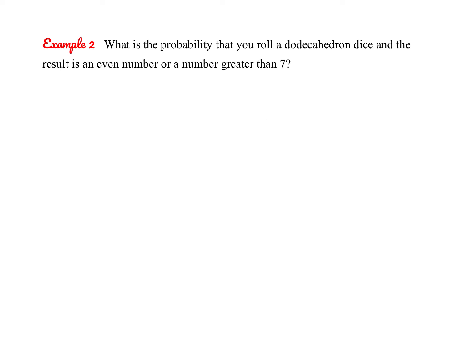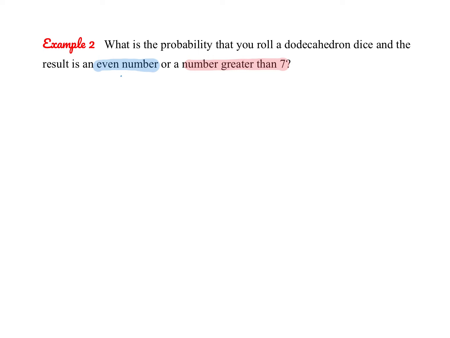All right, let's give one of these a try together. So what is the probability that you roll a dodecahedron dice, again, the 12-sided dice, and the result is an even number or a number greater than 7?